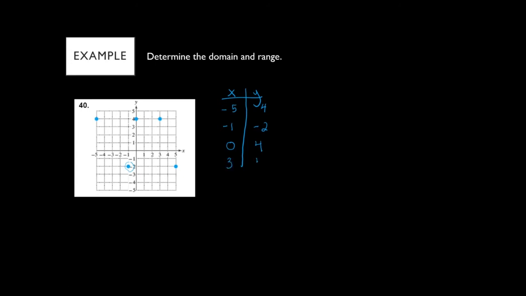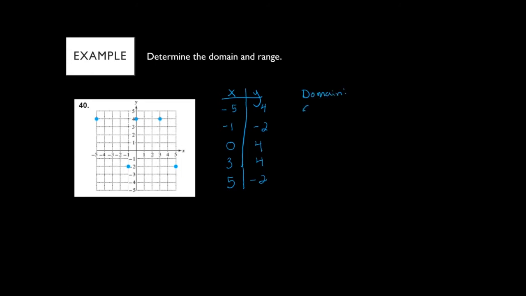I've got 3, 4, and then I have 5, -2. So I've just basically moved left to right and written the ordered pair for each of those points, and then put it in a table so that I can figure out my domain and range. That's a good idea. Very organized.